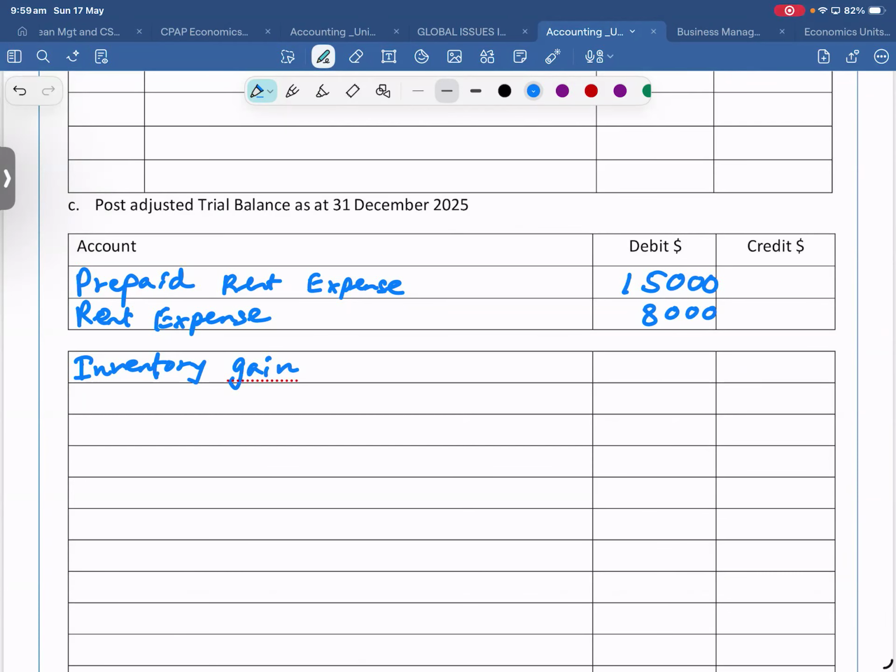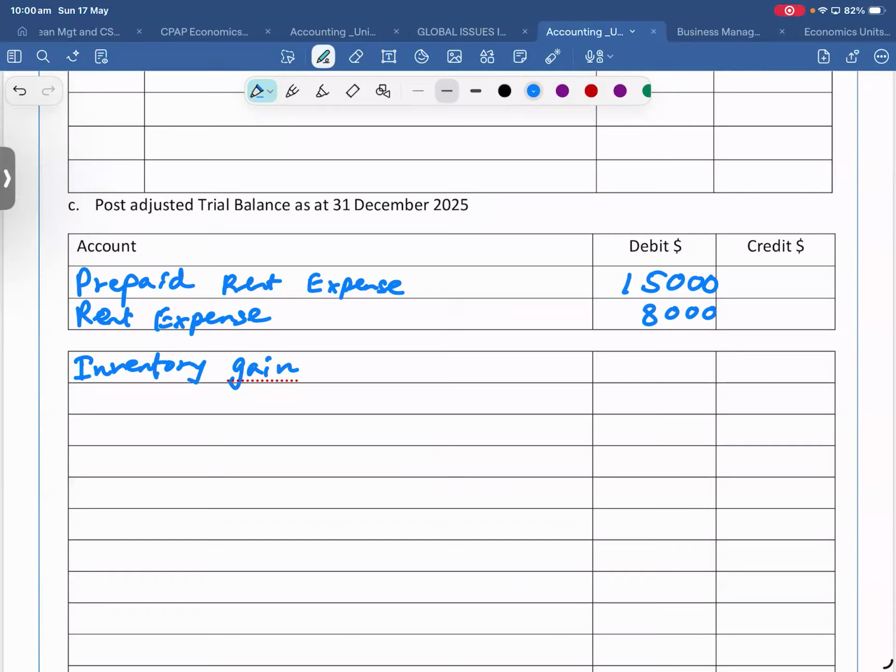Revenue? Okay, revenue or asset? Yes, Leah? Inventory gain is a revenue. Inventory is the asset.